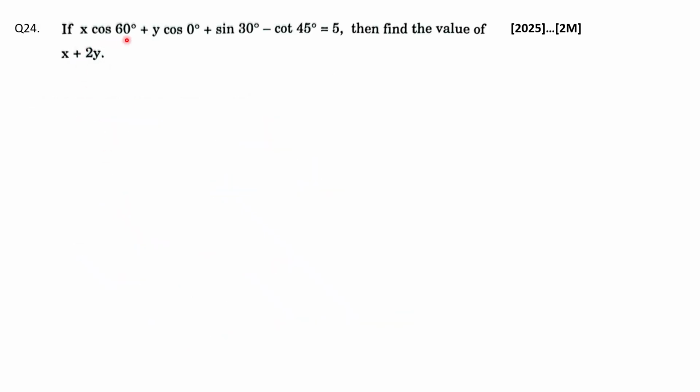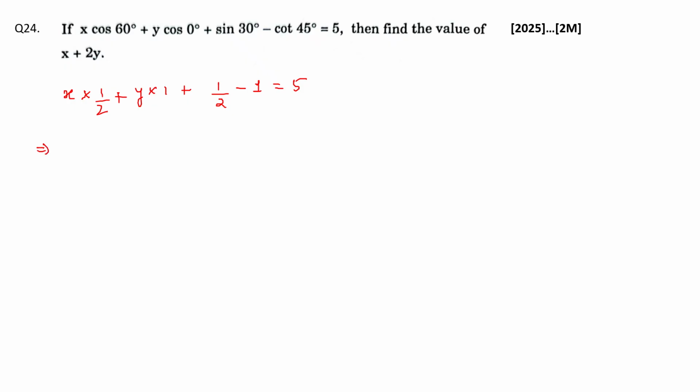If x cos 60 degree plus y cos 0 plus sin 30 degree minus cot 45 degree is 5, then find the value of x plus 2y. So let's put all the values. So x into cos 60 is 1 by 2, cos 0 is 1, sin 30 is 1 by 2, and cot 45 is 1.